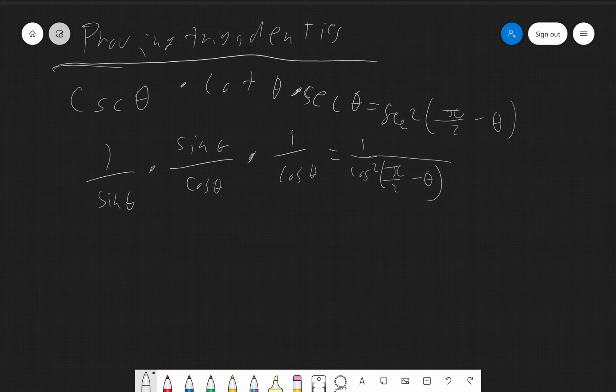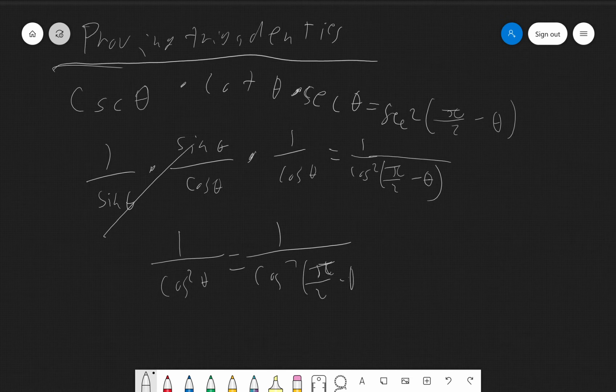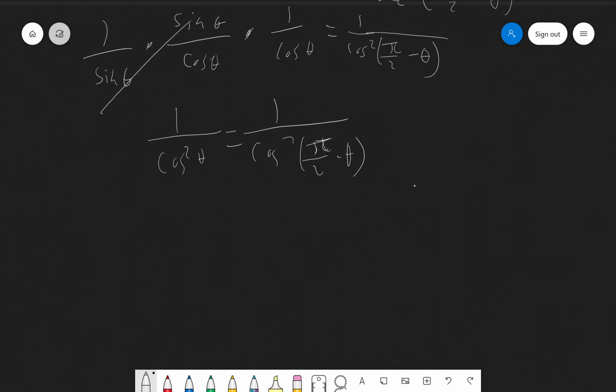Nice. So now let's cancel those down. And now we have 1 over cosine squared of theta equals 1 over cosine squared of pi over 2 minus theta. Obviously you see some symmetry, and we can do some algebraic manipulation to get to something else.